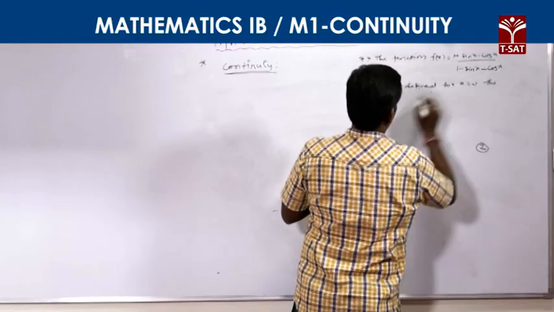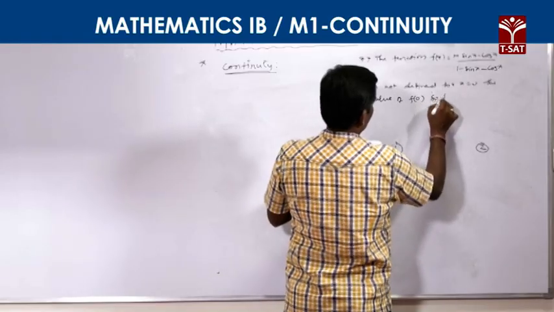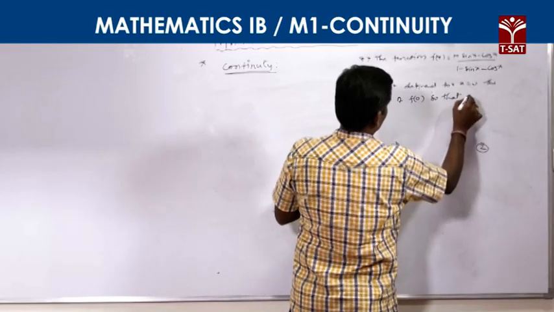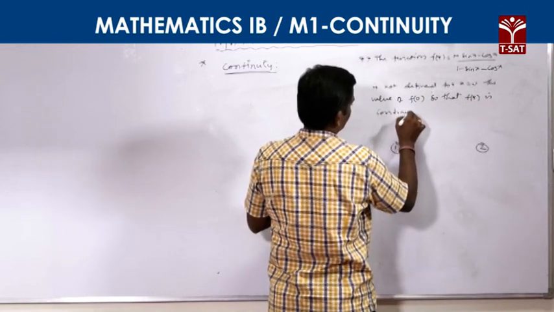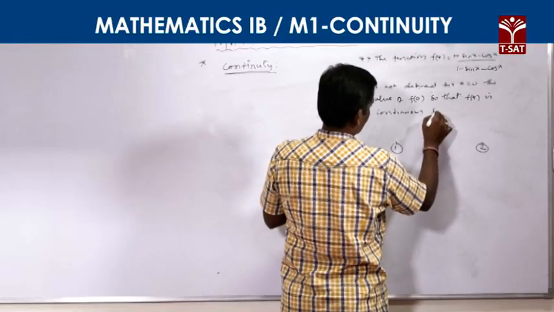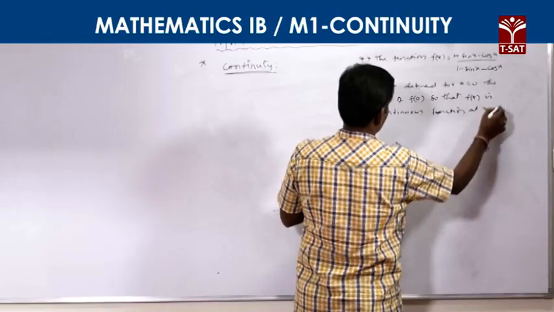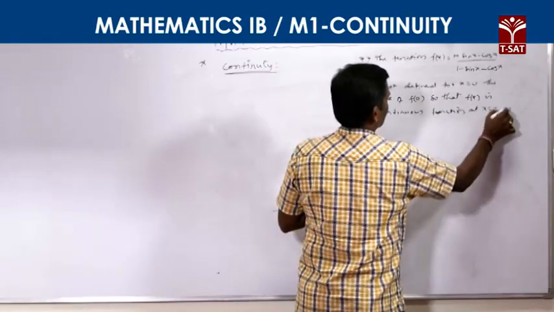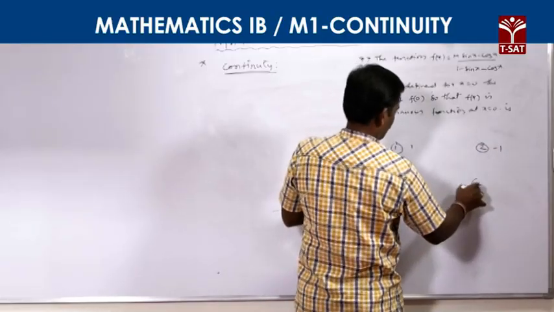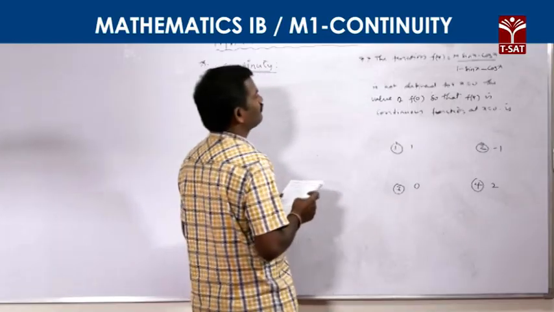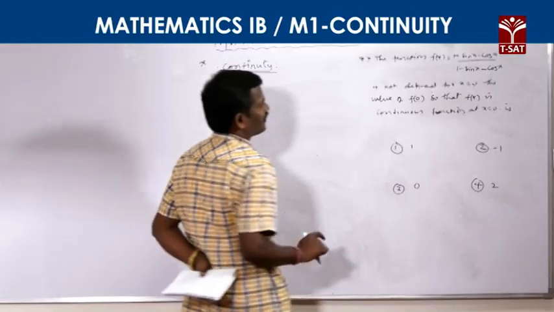The value of f of 0 so that f of x is a continuous function at x equals 0 is: the options are 1, minus 1, 0, 2. This function is not defined for x equal to 0, so first we need to check the limit.